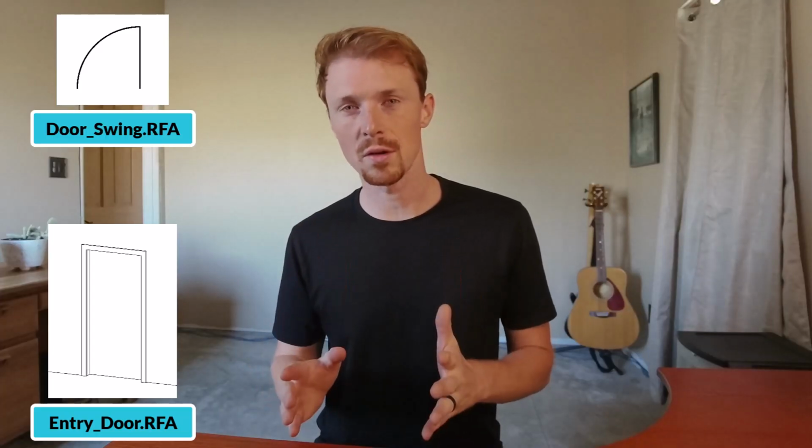For instance, if you want to create a family for an entry door, we'll go back to that example, then let's say you want the door swing in plan view to look a certain way. You can make a family for just the door swing in floor plan. Then you can load that effectively two-dimensional family into your door family, which has the three-dimensional components.